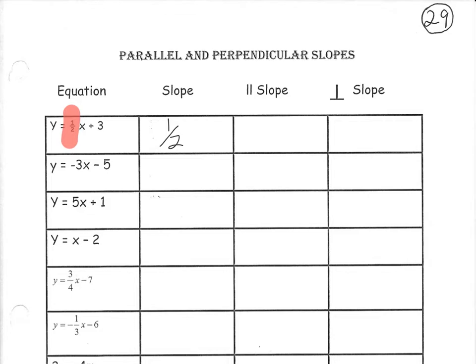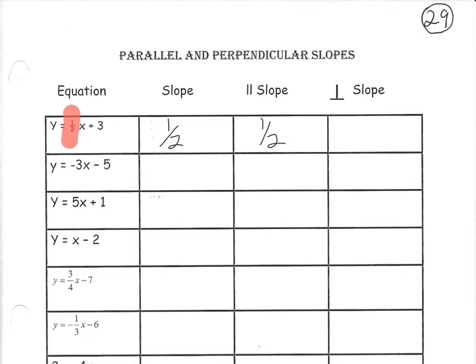So in this one, the slope is going to be 1/2. All the way down, these two columns should be exactly the same, because parallel lines have the same slope as the original line.